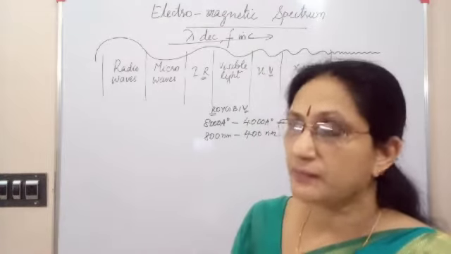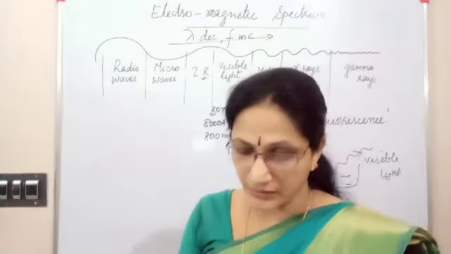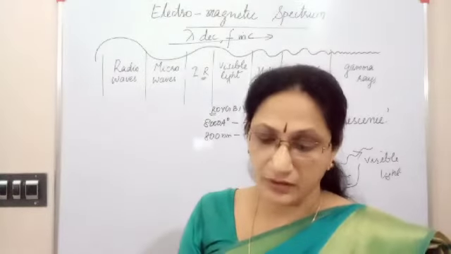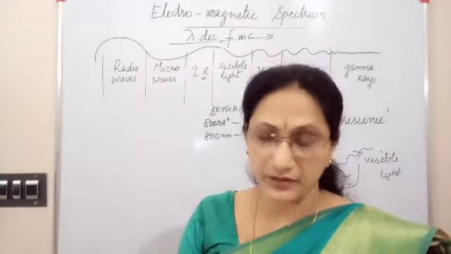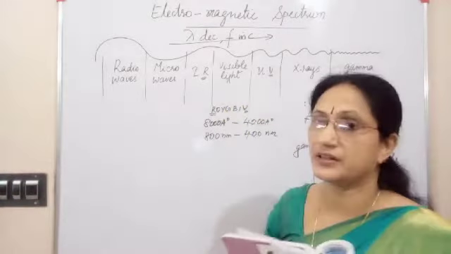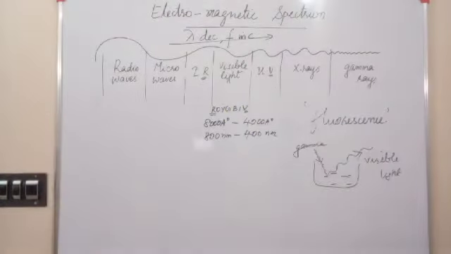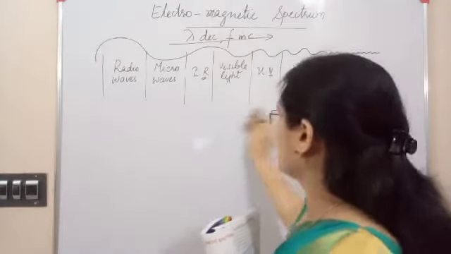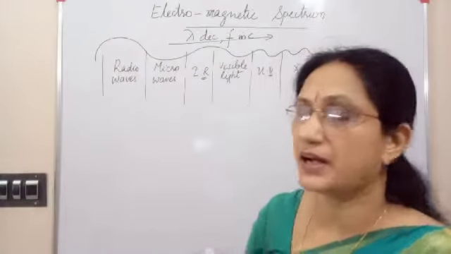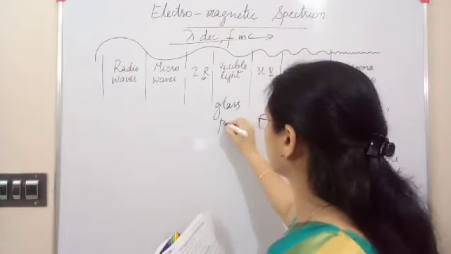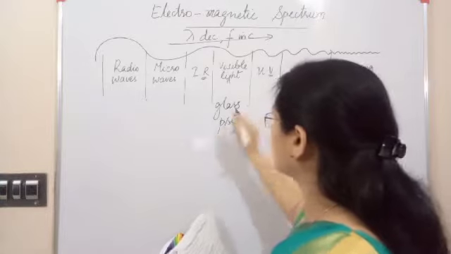Then you have to add one important point regarding ultraviolet radiations, visible light and infrared. For the study of visible light, we use a glass prism.